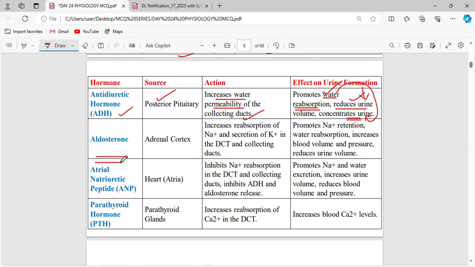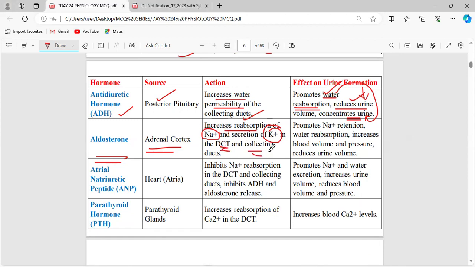Okay, now aldosterone. Aldosterone is a hormone which is secreted by the adrenal cortex. The function performed by aldosterone is that it increases the reabsorption of sodium. Okay, it reabsorbs sodium and secretes potassium in the distal convoluted tubule and collecting duct.